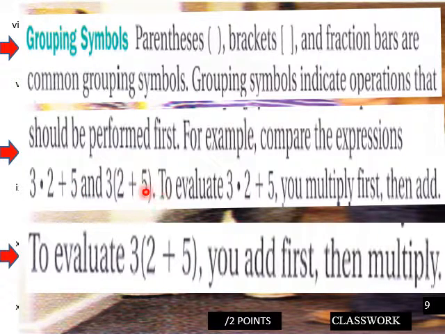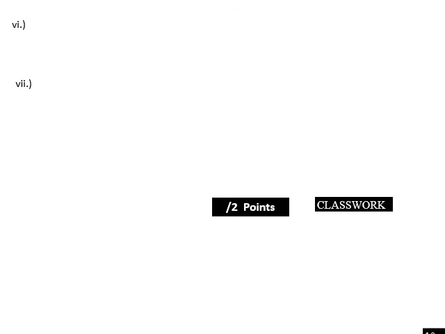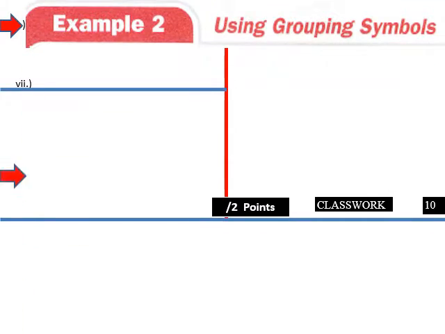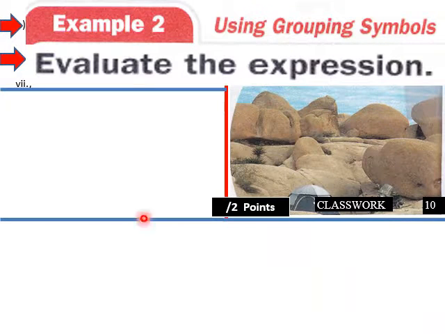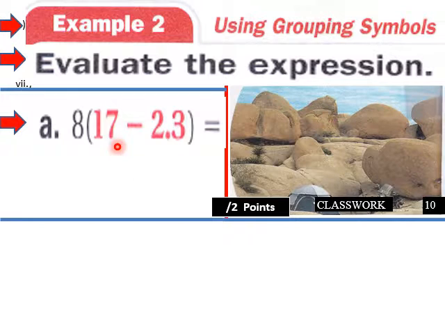So for that, they used a grouping symbol here, 2 plus 5, which is a good way to do it. It separates these operations here. And then to evaluate 3 times the quantity 2 plus 5, you add first. So in this case, that was following the PEMDAS rule, because parentheses and then addition would come first.